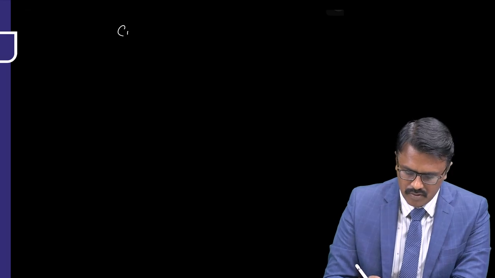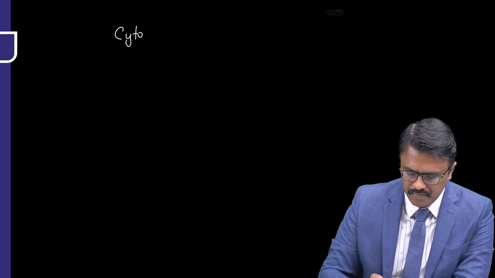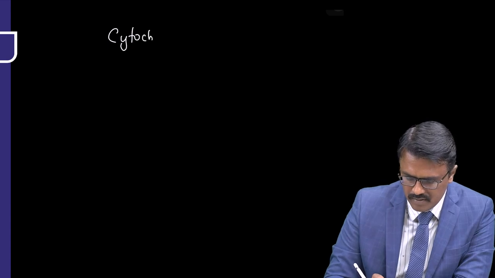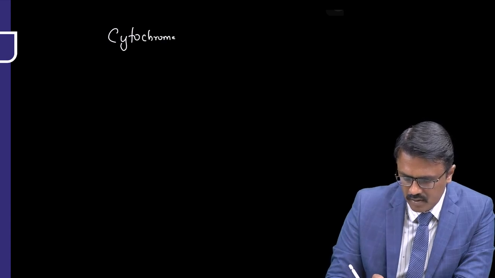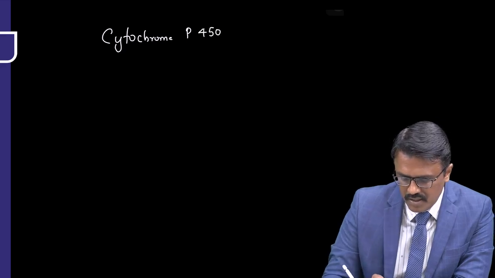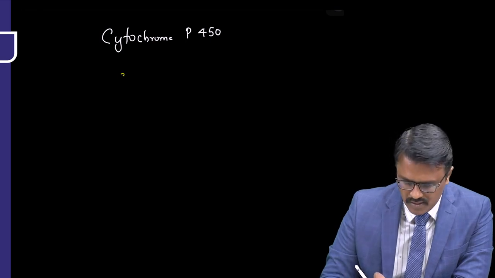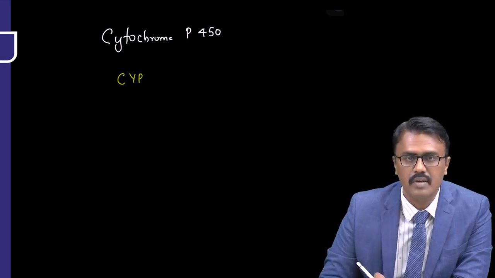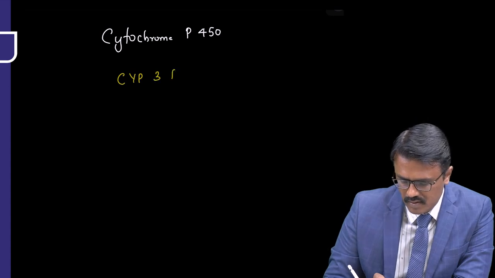Okay, so once we understood the difference between microsomal and non-microsomal enzymes, let us understand the specialty of cytochrome enzymes. So let me tell you about the cytochrome enzymes. We call it cytochrome P450. Now this cytochrome nomenclature. Suppose it is written like cytochrome 3A4.